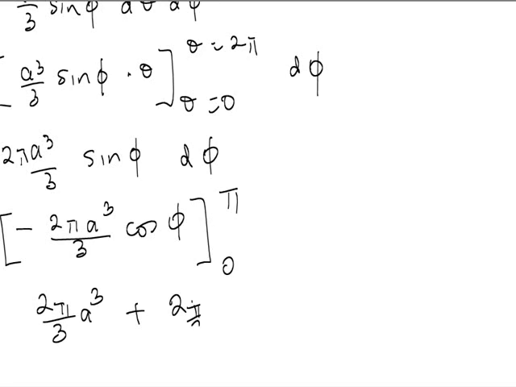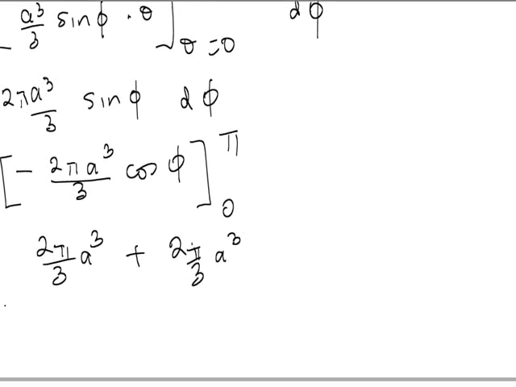So that's 2 pi over 3 a cubed, which works out to be 4 pi over 3 a cubed. Exactly what we were looking for. Any questions?